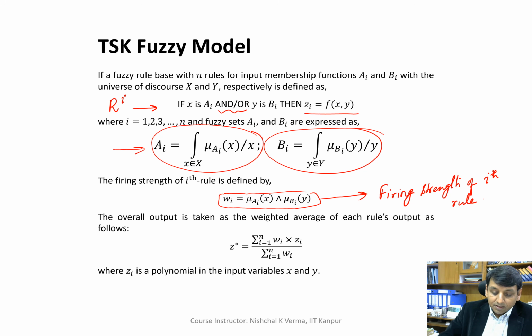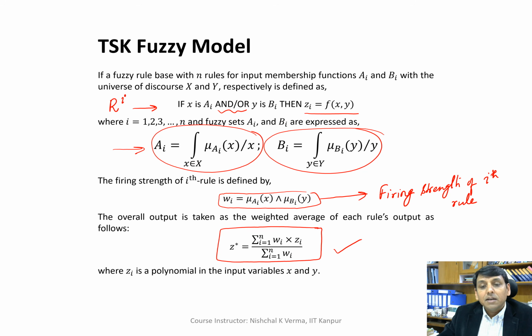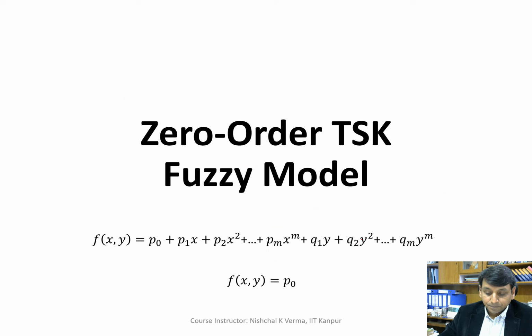Since the firing strengths of each rule are known, we can go ahead for the final output by taking the weighted average of each rule. So this way we find the final output of the TSK fuzzy model.